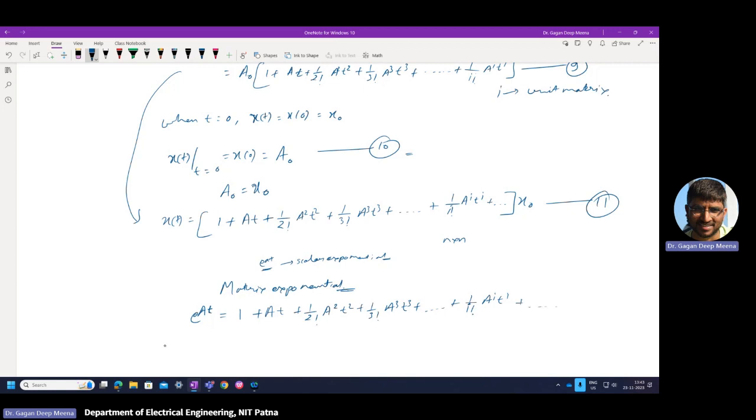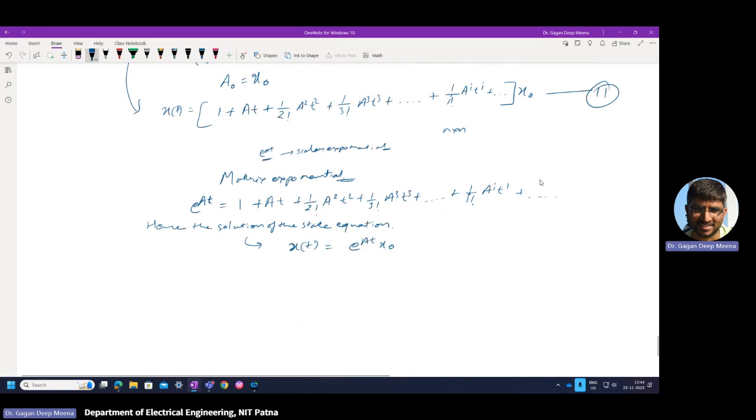So now if we finally want to write the solution of the state equation, hence the solution of the state equation can be written as x of t equals e to the power At with your initial condition x0.